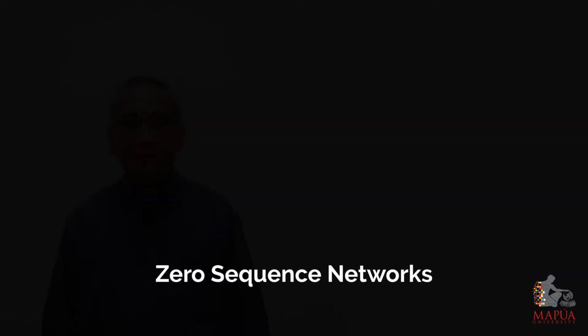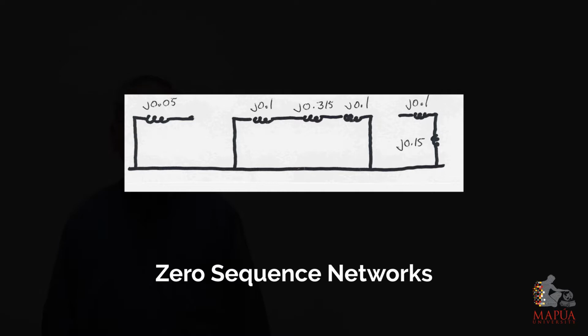For the zero sequence network, we need to consider the configuration of the transformers, whether it is connected Y-Y, Y-grounded, Y-delta grounded, or delta-Y grounded on both transformers in the system. In this system, the transformers are connected delta Y-grounded and Y-grounded delta.